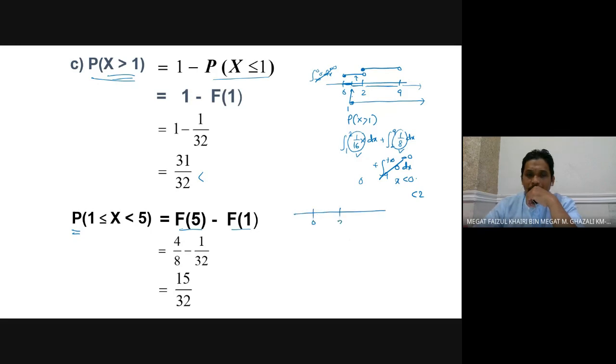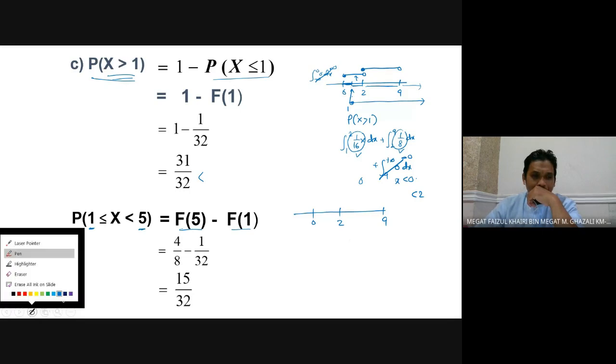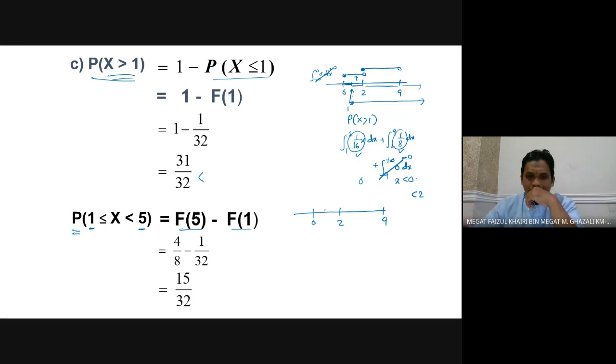So, from 0 until 2, and we have 9 here. So, from 1 until 5. Look at this. Bermakna we are dealing with two domains.